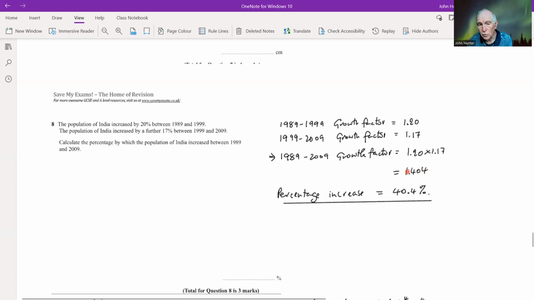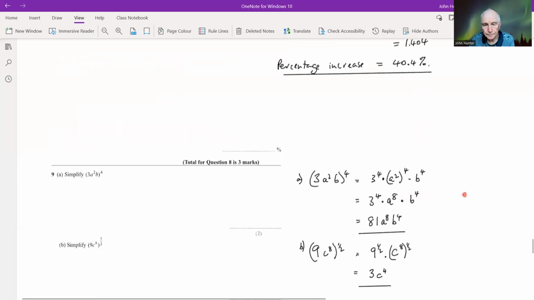And when we write that as a percentage, in the same way that we've got 20 and 17 here, that's actually going to be an increase from our original 100% to 140.4%. So the actual percentage increase is the difference between the 140.4 and the 100, which is 40.4%.